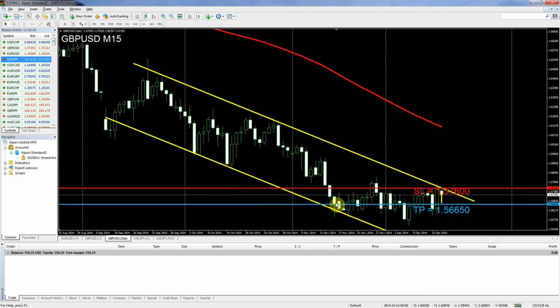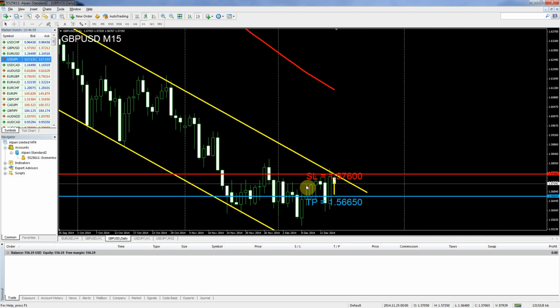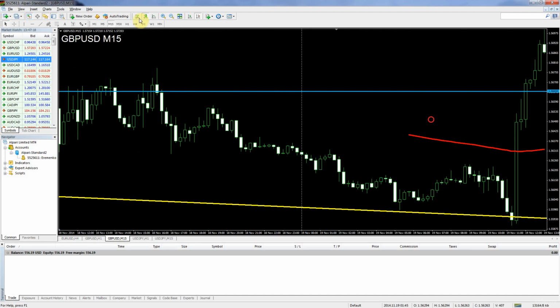As you can see, it's bounced off the borders of the channel a couple of times, and now the price has come to the top border of the channel again, and that signals to us that probably it's going to bounce off backwards. So a very good confirmation from a higher time frame.